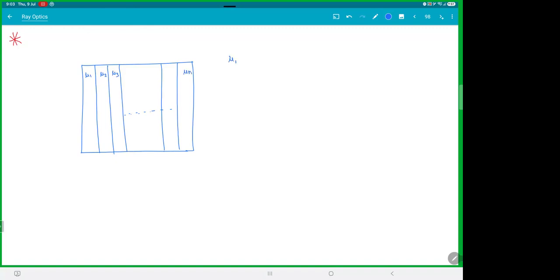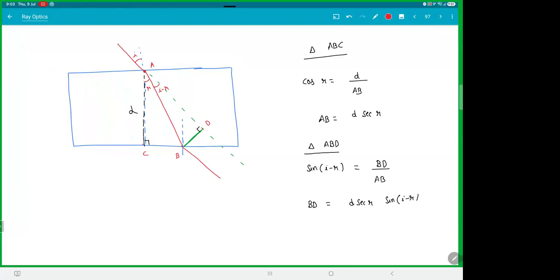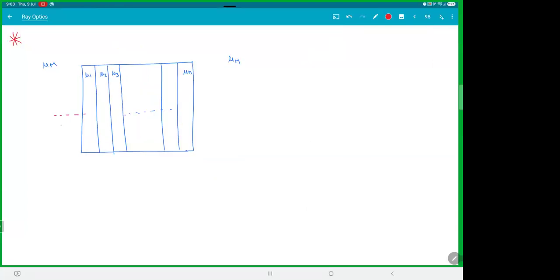And let's say outside is mu m and mu m. Now, if you try to send a light ray inside this, now see what we just said. When a light ray passes through the slab, it doesn't deviate. And so basically, if you enter here at an angle theta, this angle would be R1. Then when it comes and hits here, this angle would be R1. When it comes out here, this angle would be R2. And when it hits here, this angle will be R2 and so on. Eventually, it comes out with the same angle, theta.